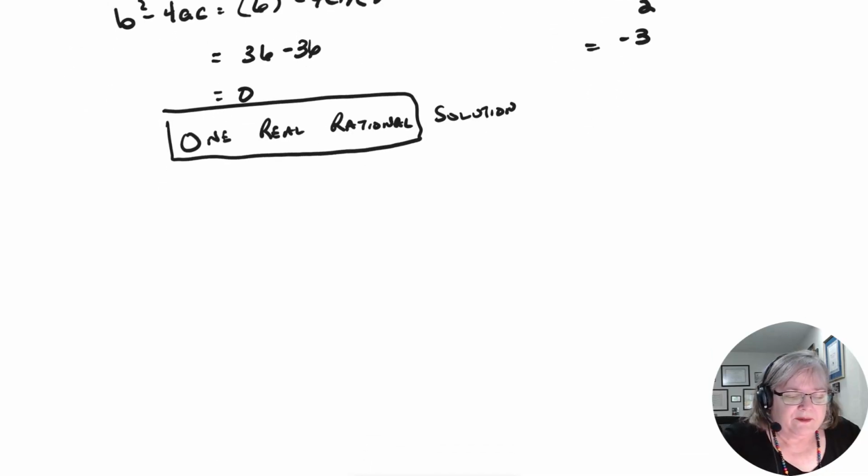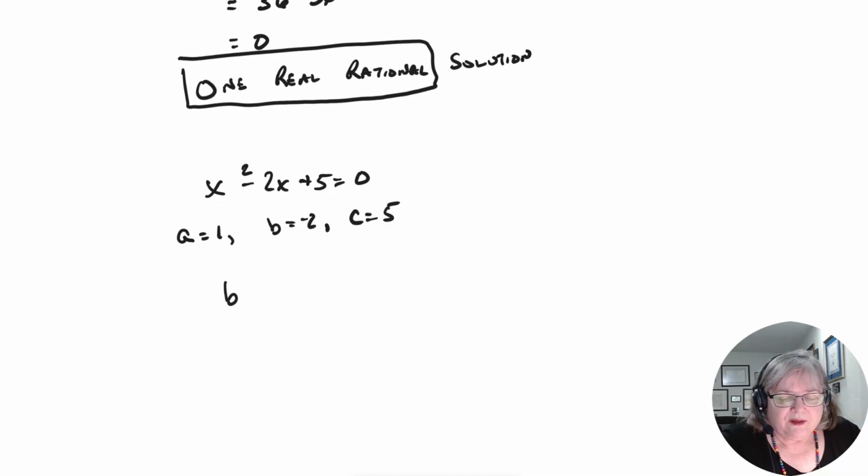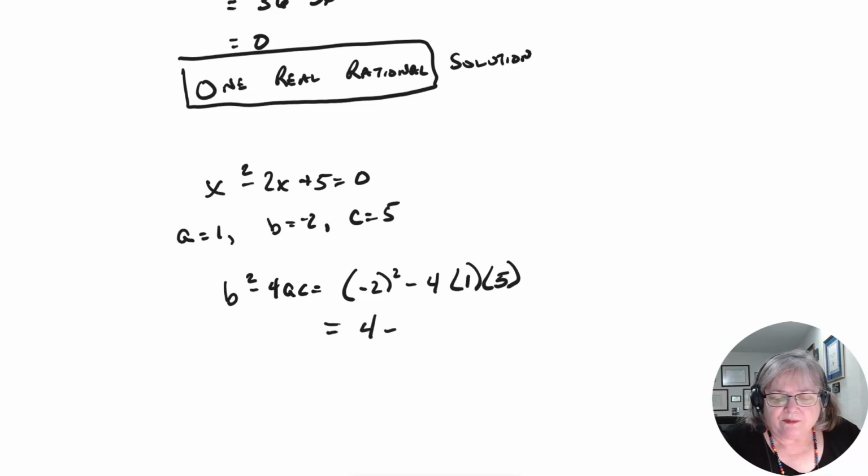Right, one more. So what if you have x squared minus 2x plus 5? A is 1, b is negative 2, c is 5. So b squared minus 4ac would be negative 2 squared minus 4 times 1 times 5. So this is 4 minus 20.